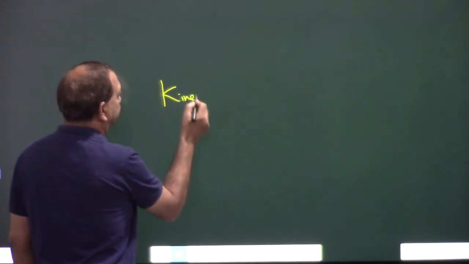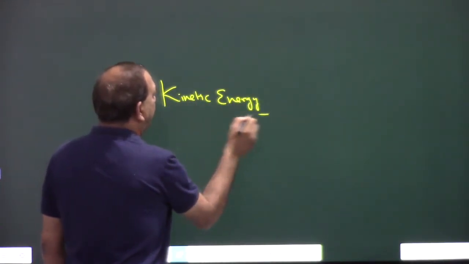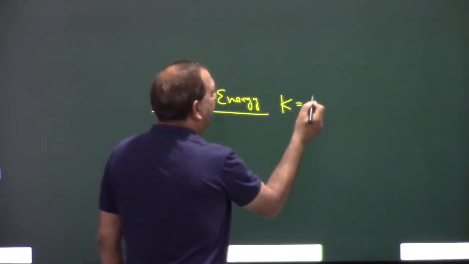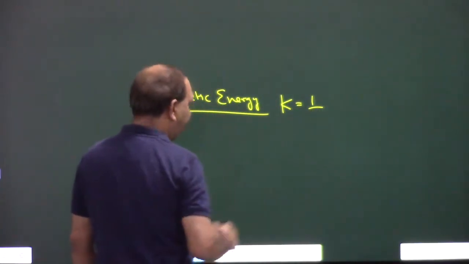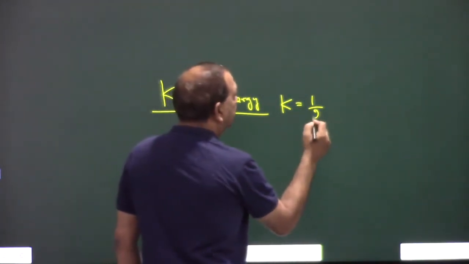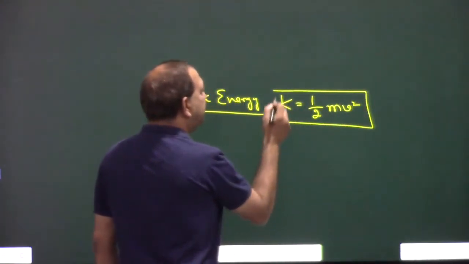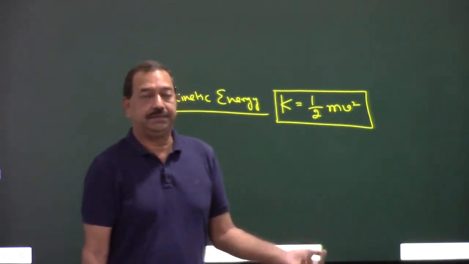If we talk about kinetic energy, we all know that this is the energy possessed due to motion, and this is given by half mv square, where m is mass of object and v is speed of object.